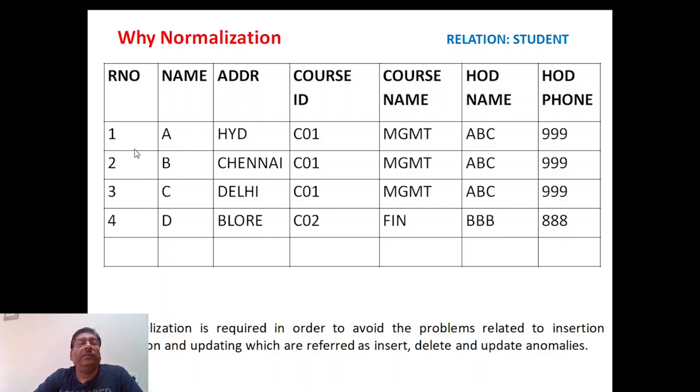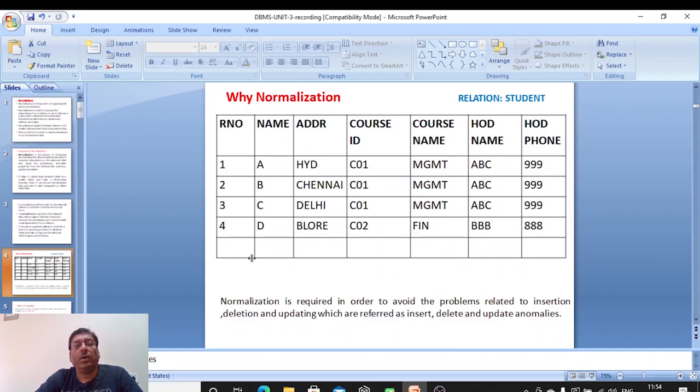Whenever a student joins a particular college and a particular course, we are going to enter the details of the student, like the roll number, name, address, course ID, course name, HOD name and the HOD phone number. Now if a new student has joined the college, you are going to enter the details in this fashion.